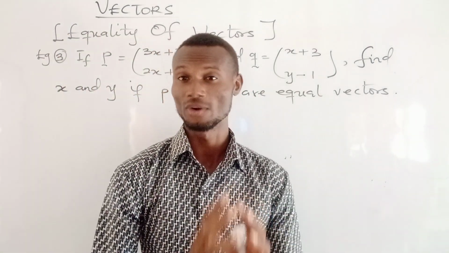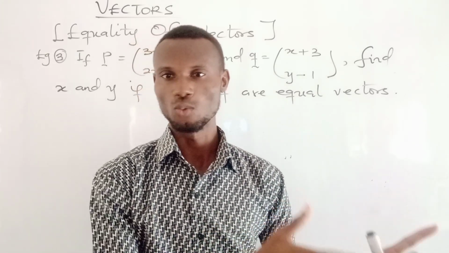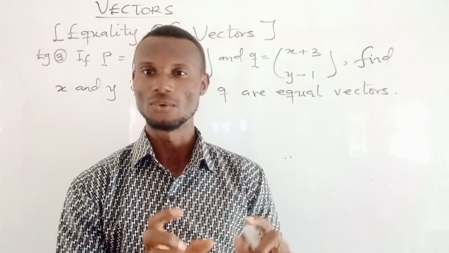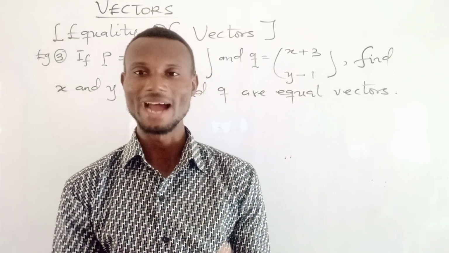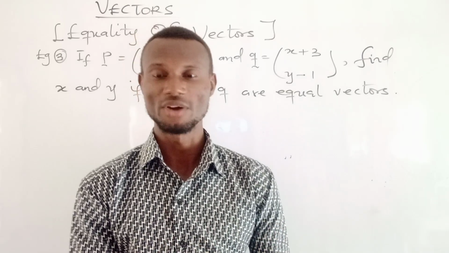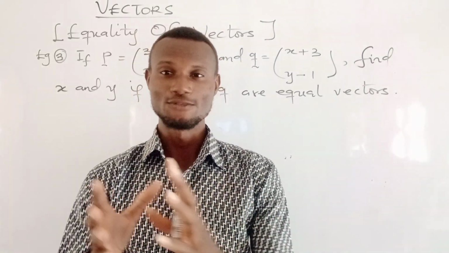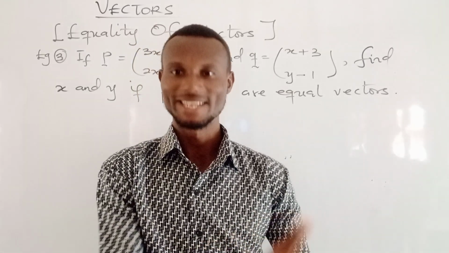So that's the condition given for us to find the values of s and y if p and q are equal vectors. And when we say p and q are equal vectors, it means that we can equate corresponding components, because for equal vectors, the corresponding components are the same.